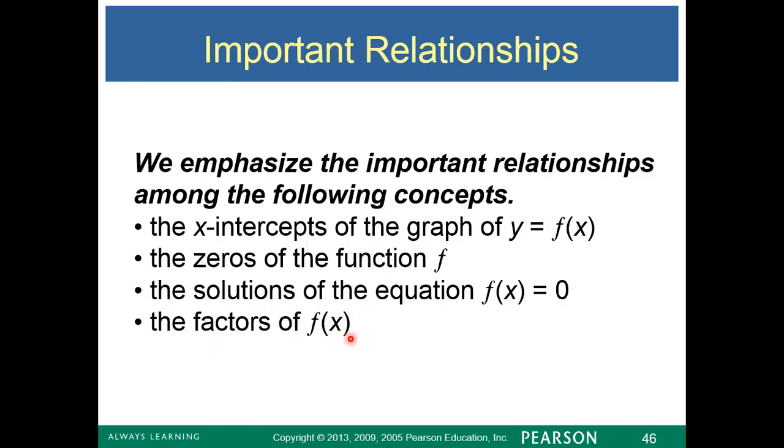These are all directly connected, okay? Because the x-intercepts of the graph y equals f of x are also the zeros of the function. And the zeros are also the solution to the equation f of x equals 0, and those also correspond to the factors of f of x.